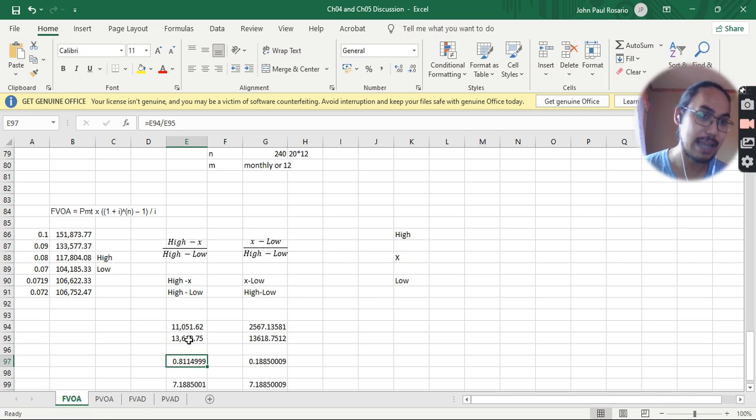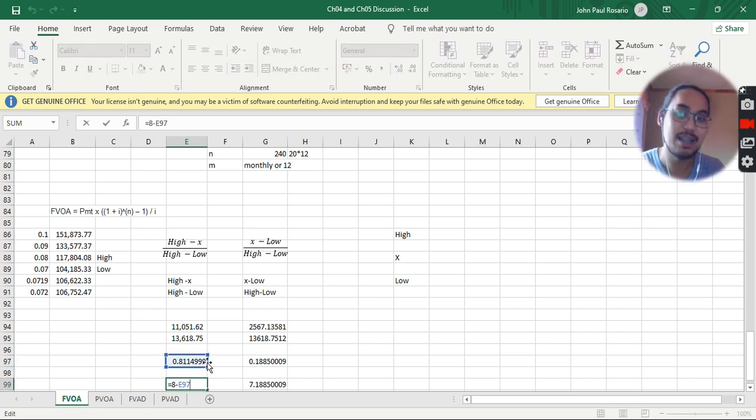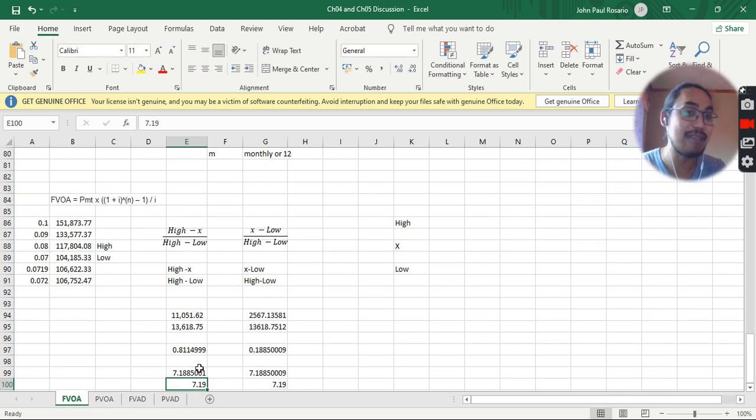So you start at 8%, and then your goal is between 7% and 8%. If you start from 8% and you want something lower than 8% because it's between 7 and 8, do you add the 0.81 to 8 or do you deduct it? If you add the 0.81, you will have something outside sa in-between ni 7 and 8. So that means you have to deduct your value. So for this one, it's 8 minus 0.81. So we will be trying 7.19%.